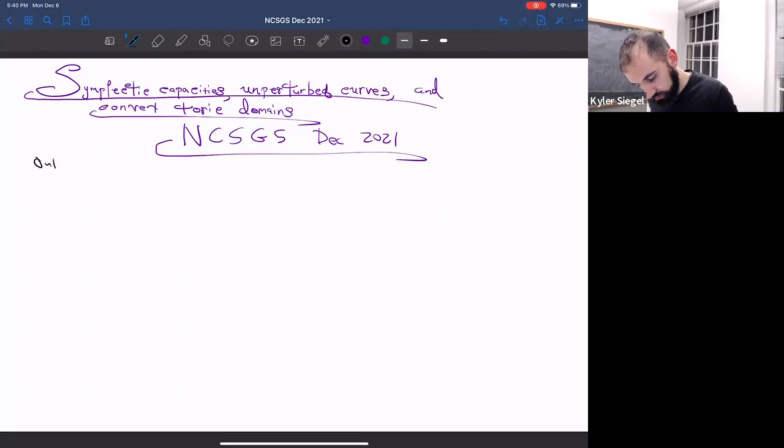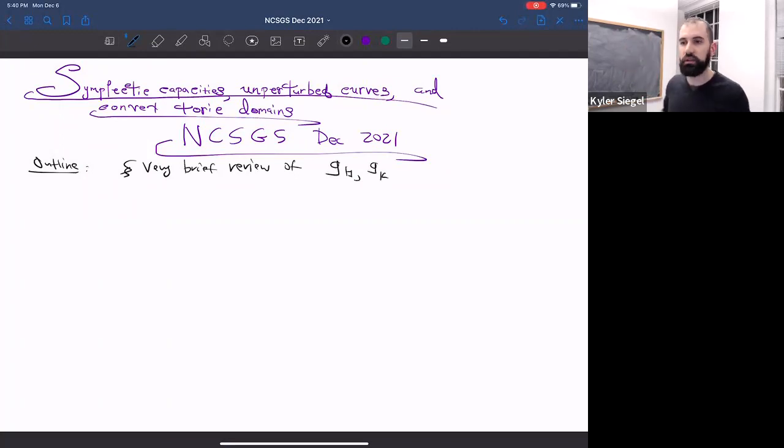So let me maybe try to just give an outline of what I want to talk about. I'll try to start with a very brief review, just as motivation, of these capacities, which I denote by GB and GK. These are defined using structures in symplectic field theory. And then I want to give this new definition of these capacities I call GK tilde.